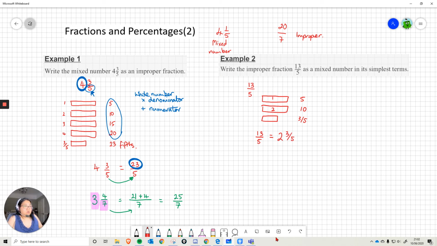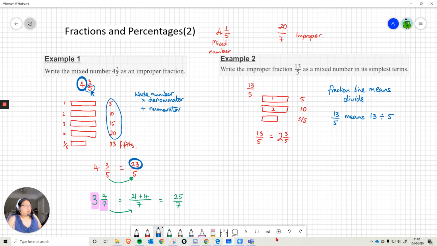Now you don't have to draw a diagram. Just like in the first example, there is a mathematical way of doing it. The key thing is to remember that a fraction line means divide. So 13/5 means 13 divided by 5.